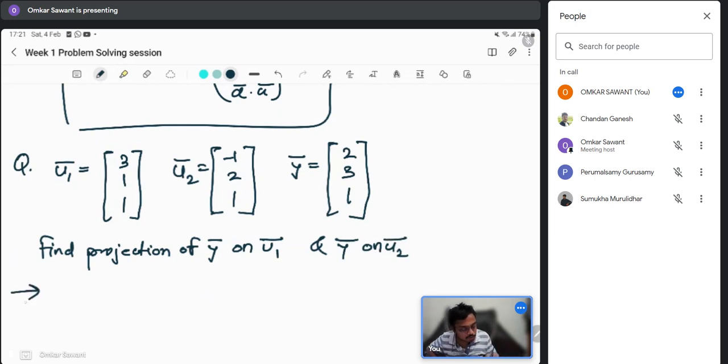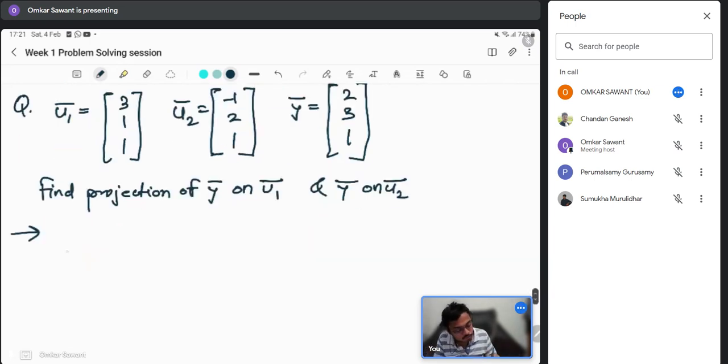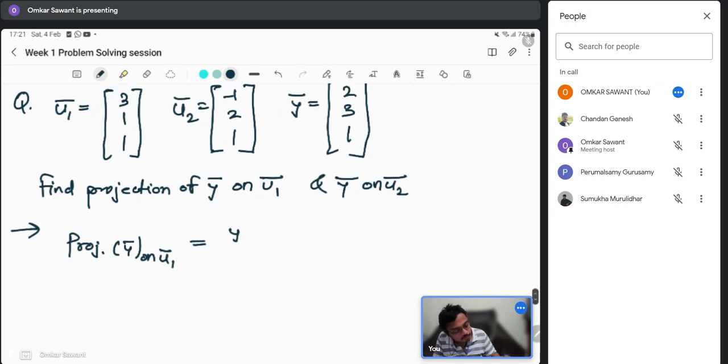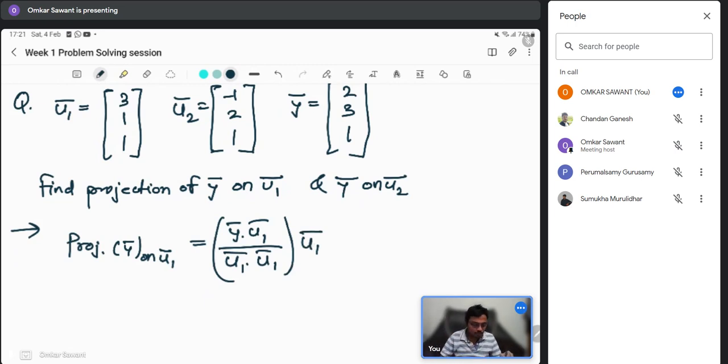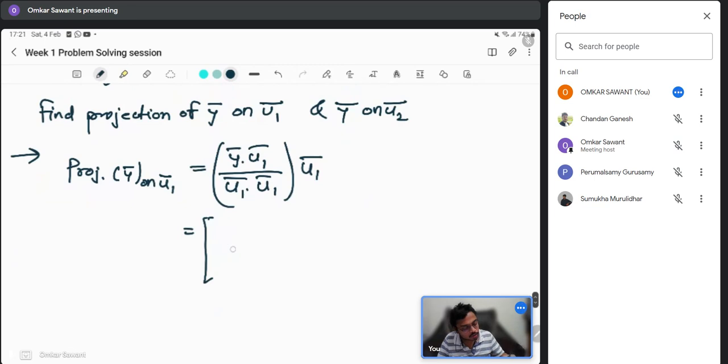Okay, so how do you find the projection of y bar on u1 bar? We will find it as follows. What will be the dot product? Do you know the dot product, right?